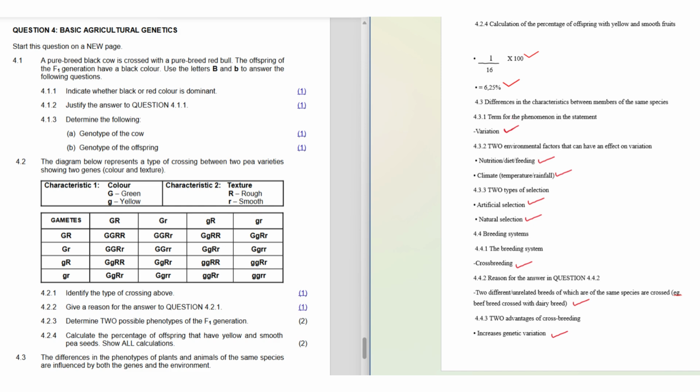So to calculate the percentage of offspring that have yellow and smooth seeds, after finding out there's only one, we just have to get the total number of offspring. How many offspring are here? We have 8 plus 8 is 16. Okay, we have 16 in total.